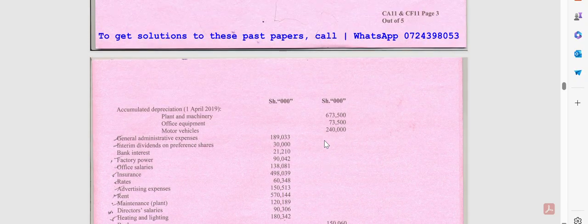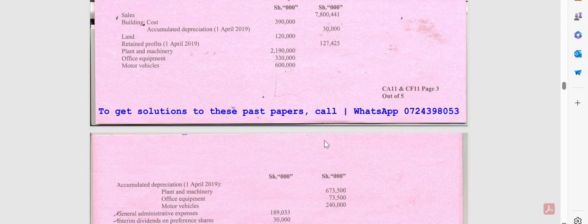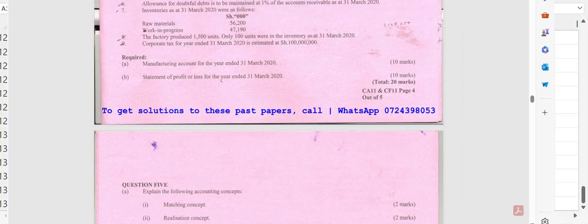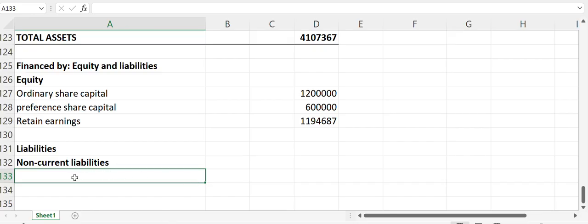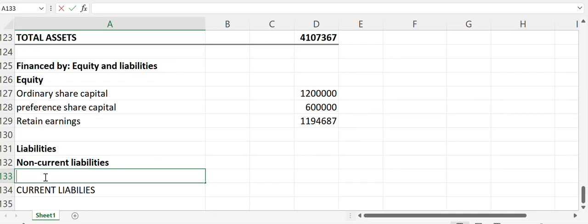We don't have debentures, we don't have long-term loans. So we proceed to current liabilities. Maybe I can put here that there was none.